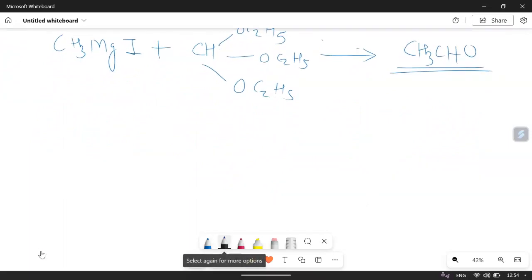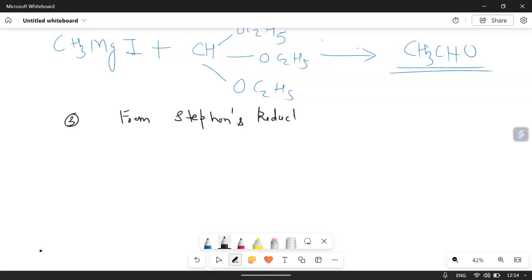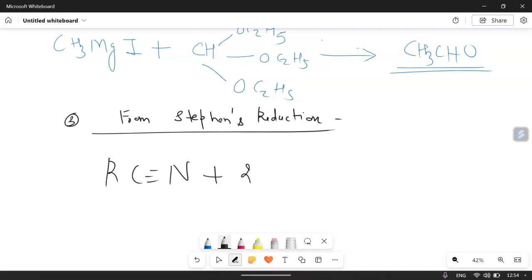Next example is the reaction number 3, from Stephen reduction. Stephen's reduction. Very important for exam perspective. Stephen reduction, RC triple bond N plus 2H in the presence of SnCl2/HCl gives RCH double bond NH.